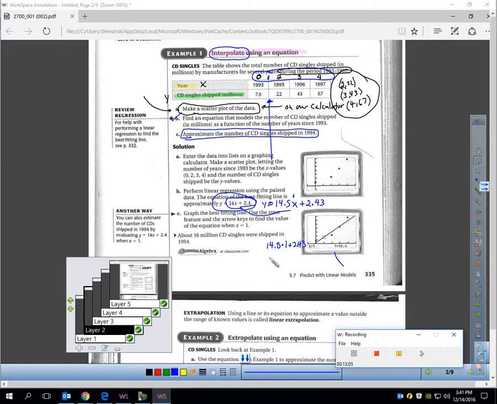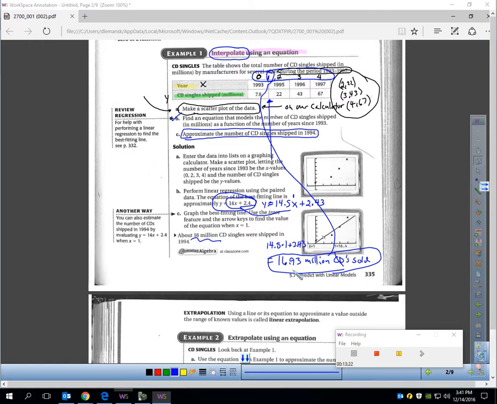And when I do that, and I hope you did as well, you're getting 16.93 million CDs sold. That's our estimation of the number of CDs sold in 1994. They said about 16 million. We have about a little bit closer to 17. Again, this is an estimation. Interpolation is estimating.